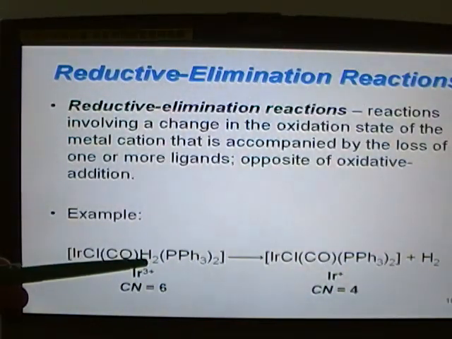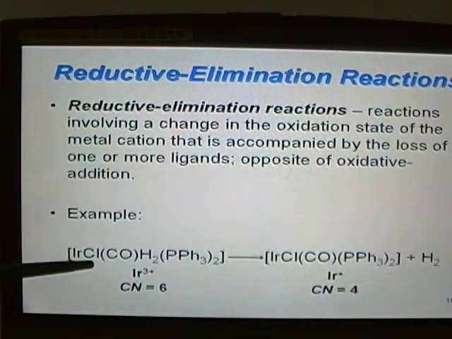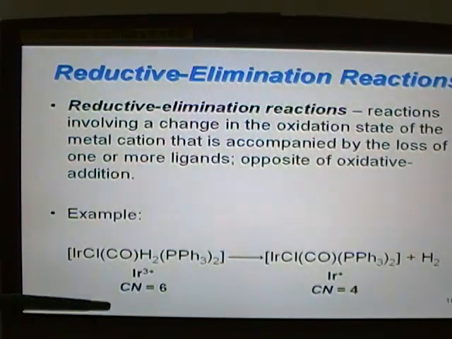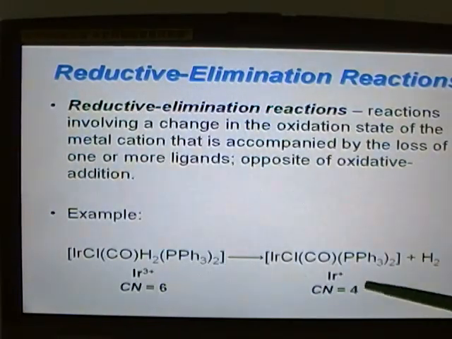This is the hydrido ligand. And Cl has the 1- charge as well. So iridium has a 3+ charge. When H2 gas is eliminated, it reduces the coordination number to 4, and iridium's oxidation state drops to 1+.